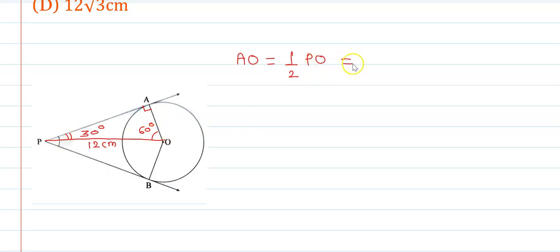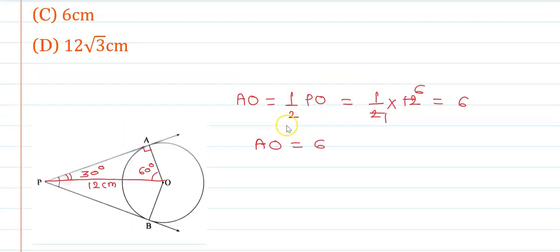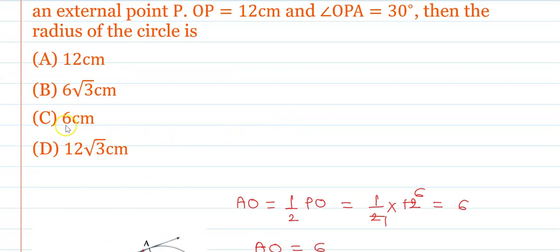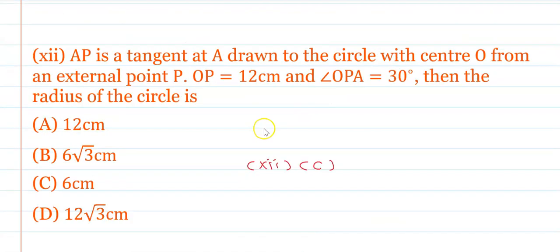AO is the radius here. How much did he give us for PO? The 12, and that is equal to 6. Therefore, the radius of the circle is 6 centimeter. For the 12th, option C is the correct one. Okay. Now, next.